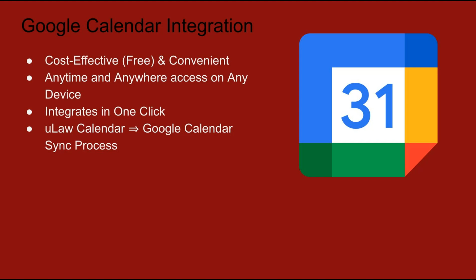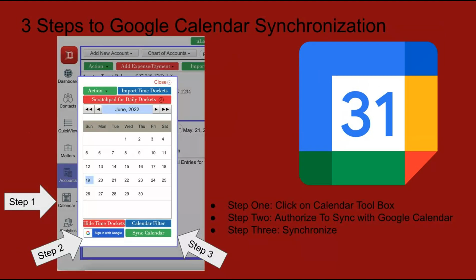It's definitely so much more convenient to use because you have both calendars in one place and you can see exactly what's happening from anywhere in this world, any time of the day, ensuring everything is in right order. Okay, so here are the 3 steps to synchronize your Google Calendar with uLaw Calendar.